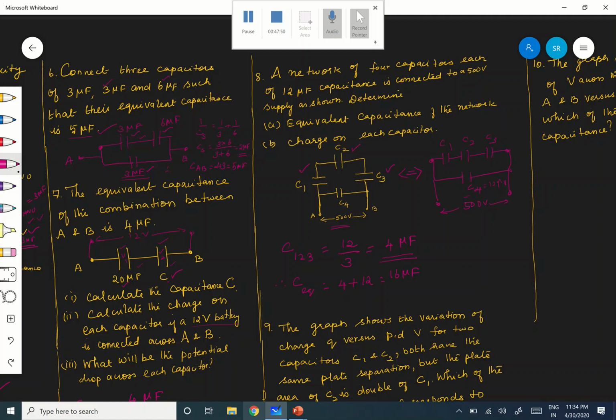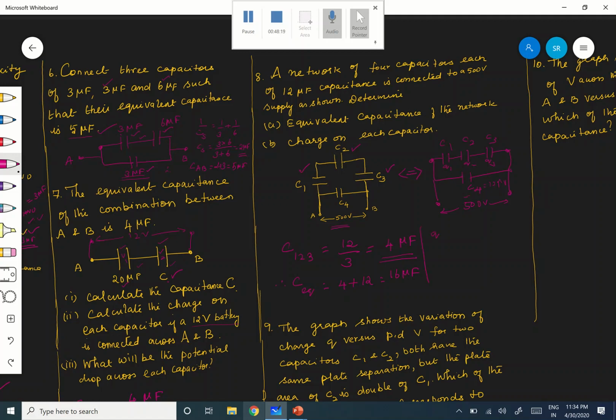Now, the charge on each capacitor. First you can find Q1. Let the charges be Q1, Q2, Q3. You know Q1 should be equal to Q2 should be equal to Q3. Correct? Why? All are in series. Therefore, I can write the following.